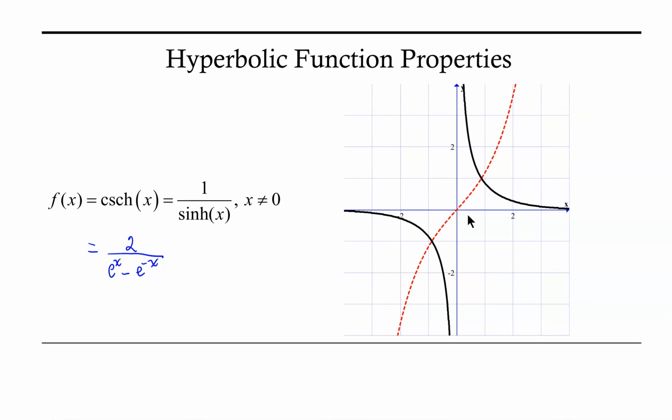And notice that a value of x equal to 0 passed through this function would create a 0 in our denominator. So let's notice then here at 0 on our graph that we have a vertical asymptote at x equals 0.